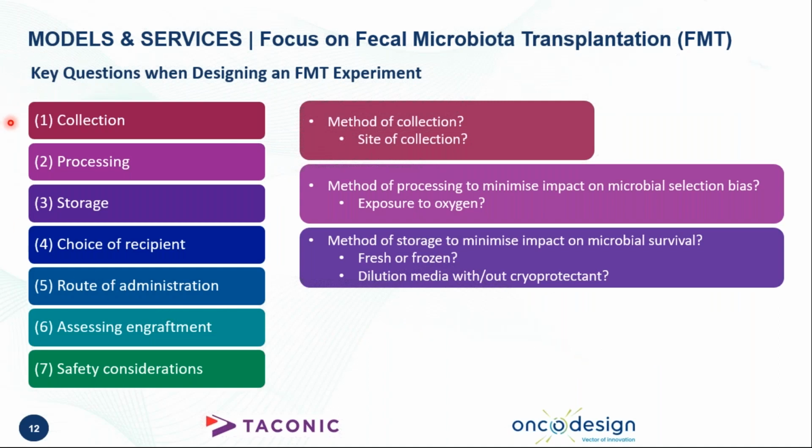They're color-coded appropriately, and I'll spend some time describing the 7 key considerations, from the collection of fecal microbiota to processing of that fecal material to the storage, the choice of the recipient, something that Sylvie has introduced earlier, what type of mouse model and/or rat, if you're thinking about that, as well as the others, factors 5, 6, and 7.